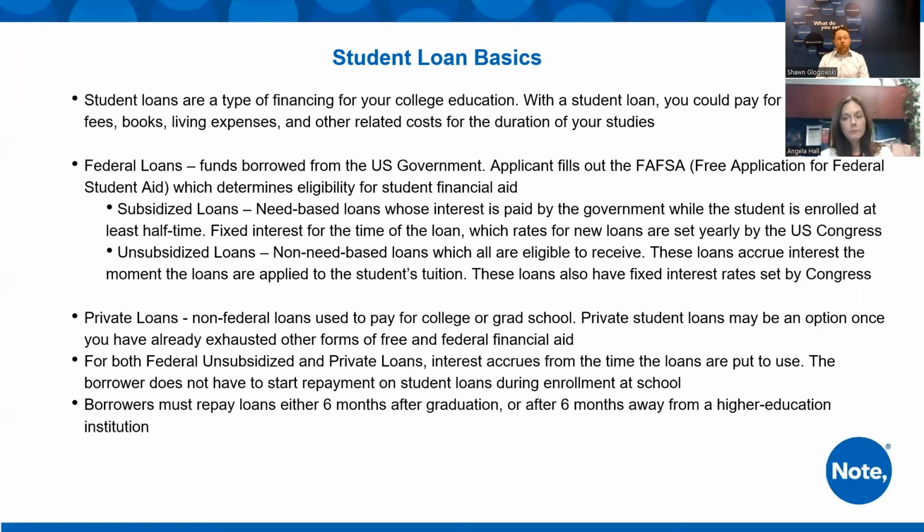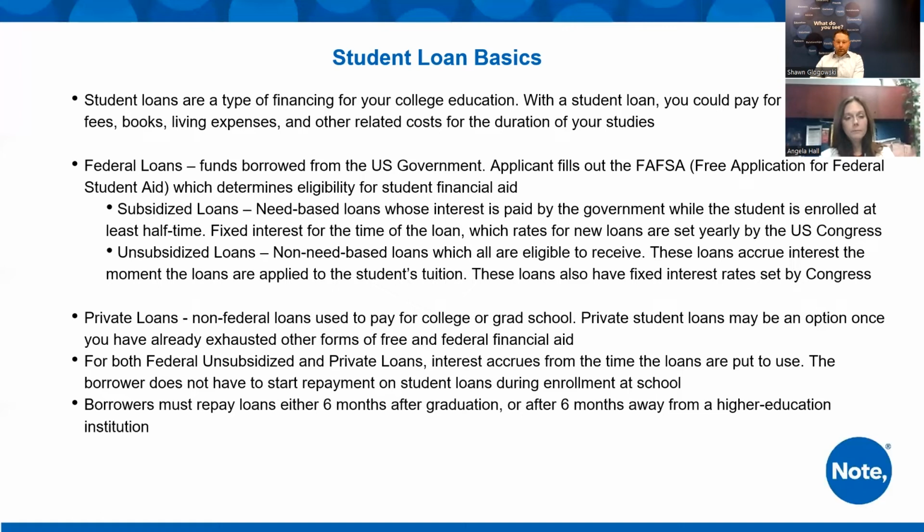The other point I would make on the interest, that second to last bullet point, is the interest that accrues when you take either the subsidized or unsubsidized. So what that means is if you take out a loan and it has a 5% interest rate, it'll be charging you interest. Now this is really for the unsubsidized loans: you can choose to defer that interest until you're done with school, and that interest just gets added to the principal of your loan.